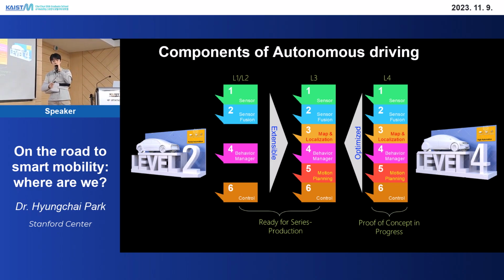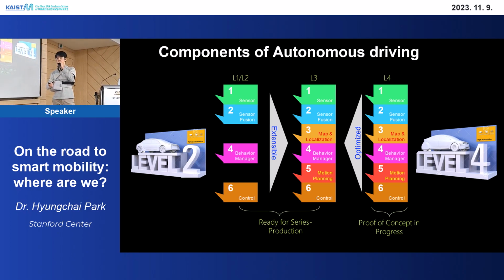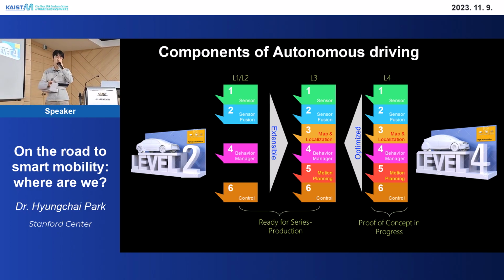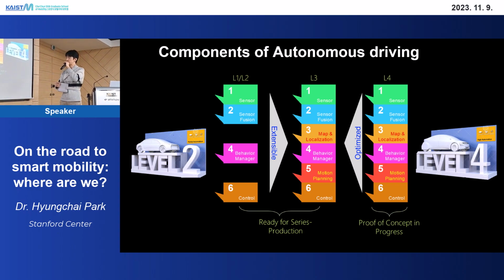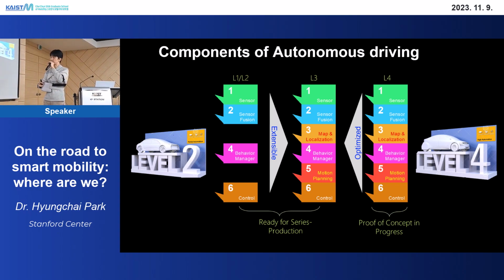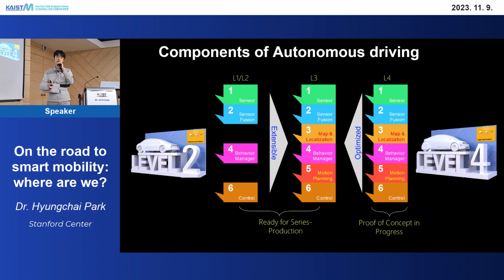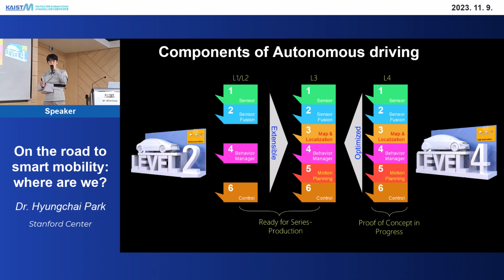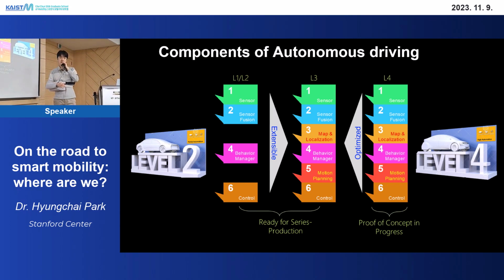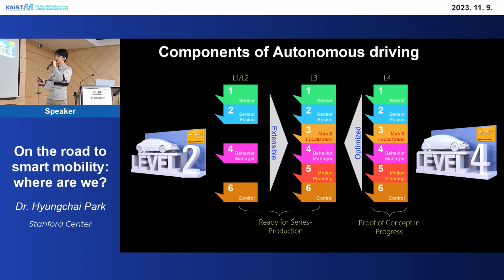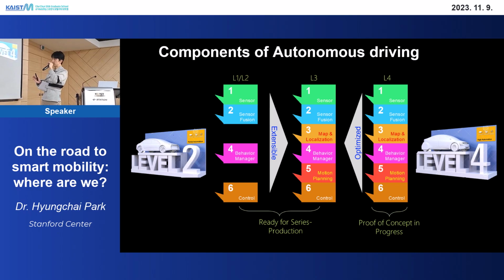When you drive from point A to B, you must sense the whole path and where you are now. Once recognizing where I am, I have to decide my behavior to get to point B. Then I have to plan my motion and control my car to follow that motion. When we drive, we follow these procedures, and definitely autonomous driving cars also need all functionalities in each process.